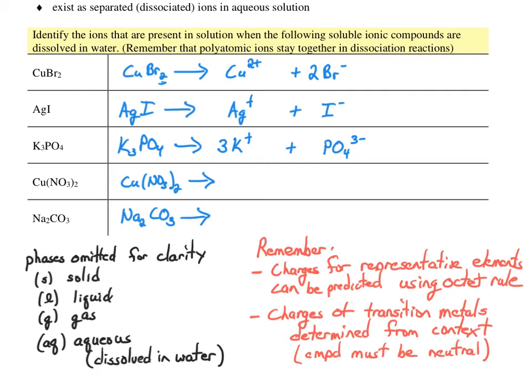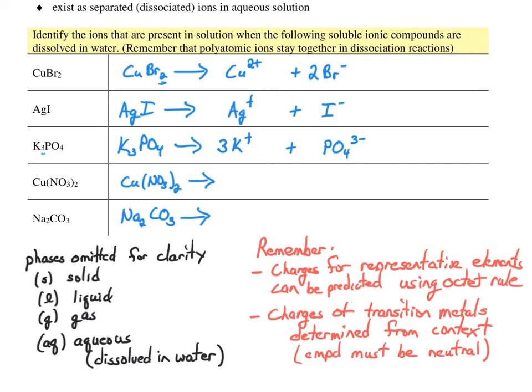Potassium, 1 valence electron, loses its 1 valence electron to go 1+. We see that there are 3 of these potassium ions, so the phosphate ion must possess a net -3 charge in order to offset the +3 from the 3 potassium ions.